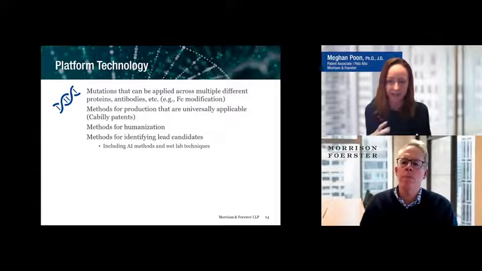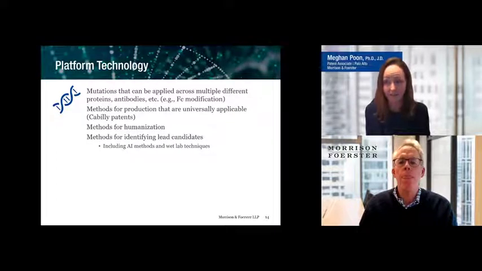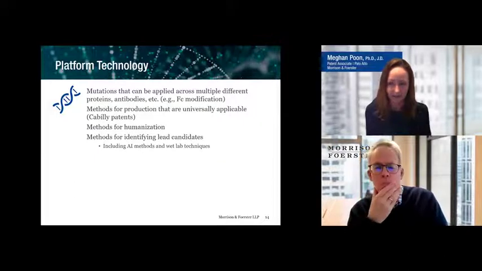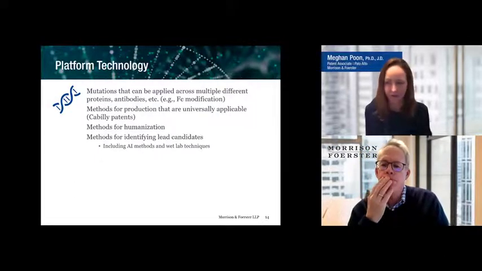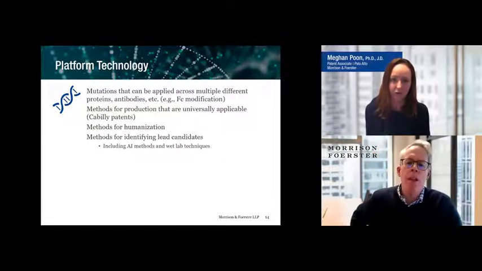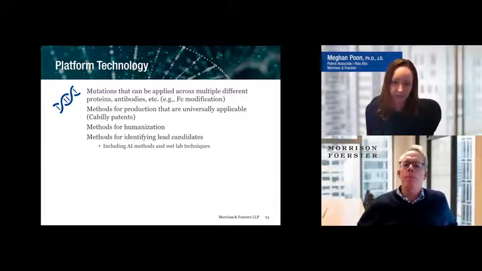Again, it really depends on how much data you have. If you want to claim generally a CDR with a mutation and you have no antibodies with mutations in that CDR, that's a real uphill battle. If you humanize an antibody and make a whole ton of different CDR mutations, then you can potentially get protection of a degenerate CDR.